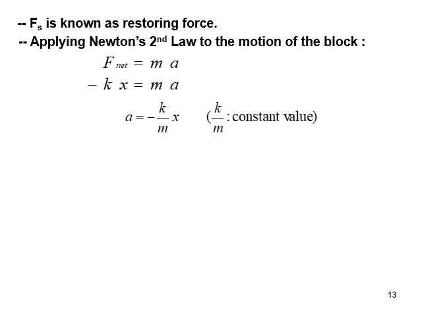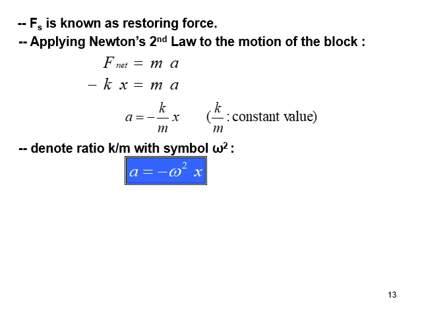Rewriting the equation in terms of acceleration, a is equal to negative kx over m. k over m is a constant value, where k over m represents omega squared. Hence, this equation becomes a equal to negative omega squared x.